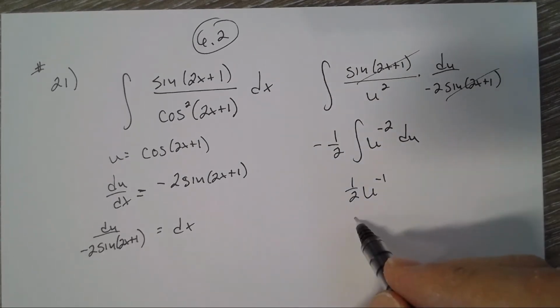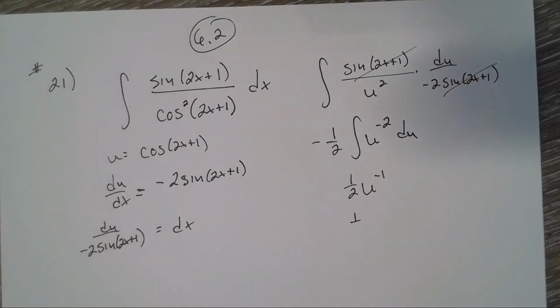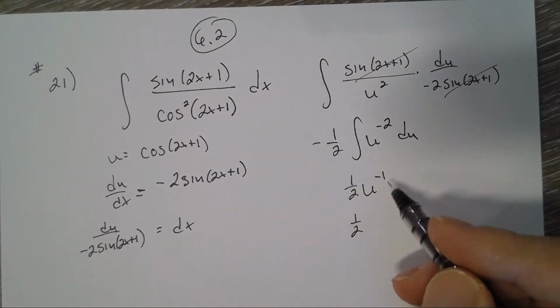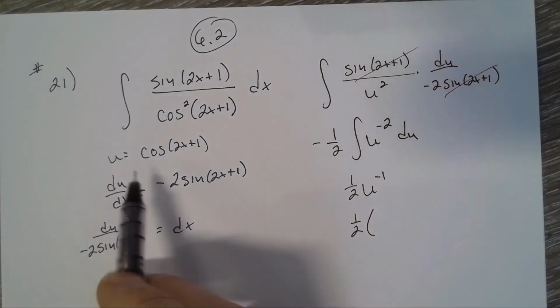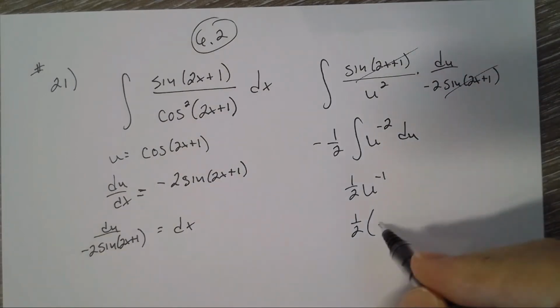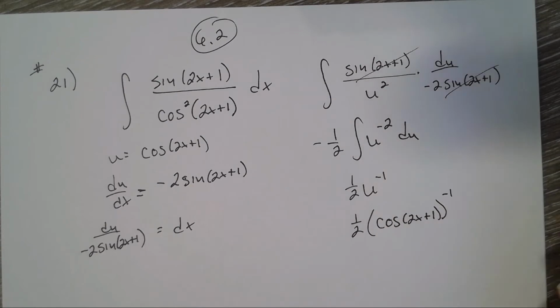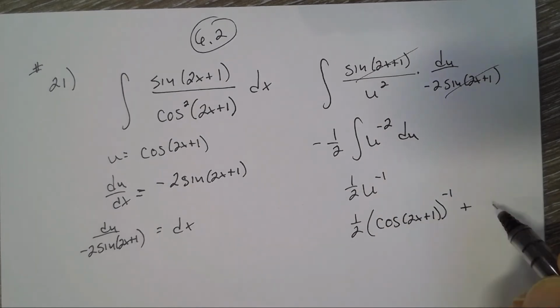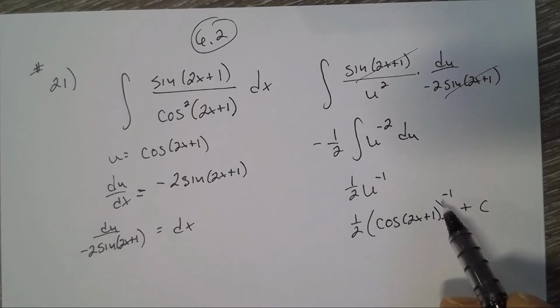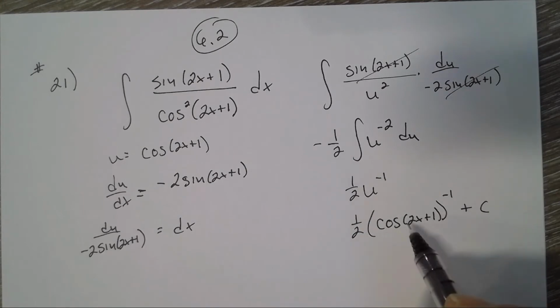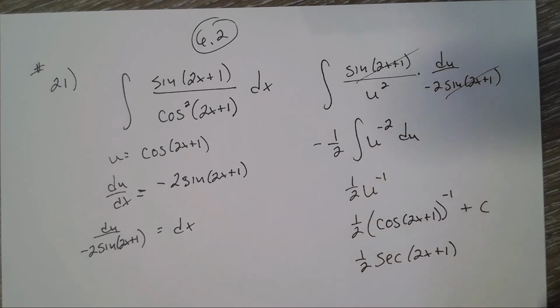So it's 1/2 of whatever u is, cosine of 2x plus 1 to the negative 1, plus c. And cosine to the negative 1, you could actually just call that secant. So it's 1/2 secant of 2x plus 1 plus c.